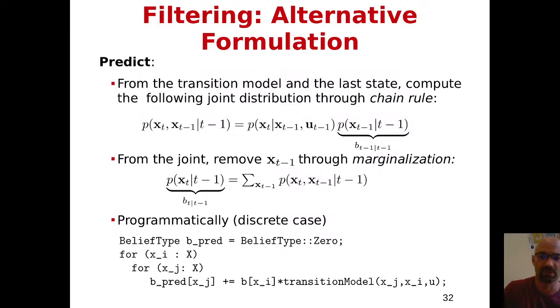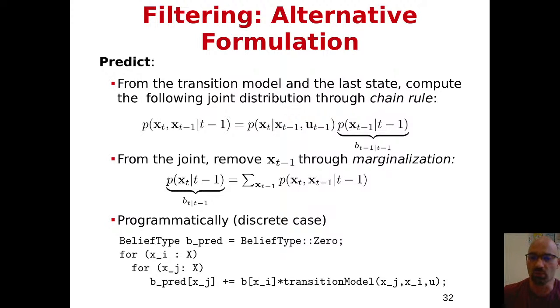Because assuming that you have a transition model that tells you that with probability 1, if you are in state 1, you will end up in state 2, so probability 1 given any control. But it might also be that in your running estimate, you are in state 1 with probability 0.